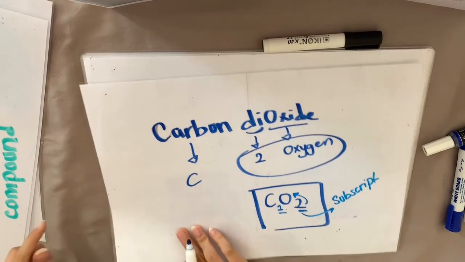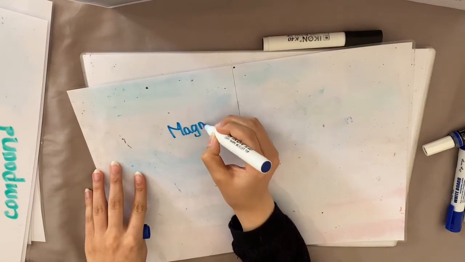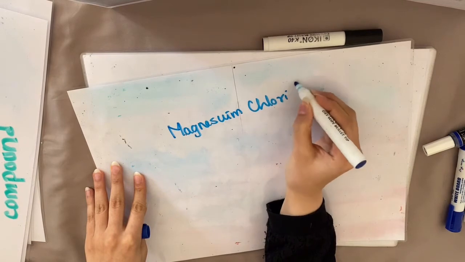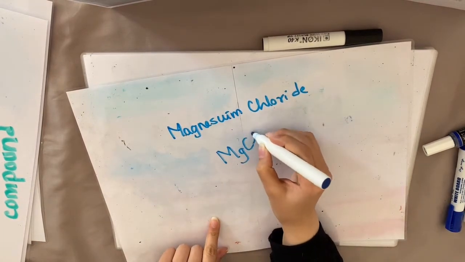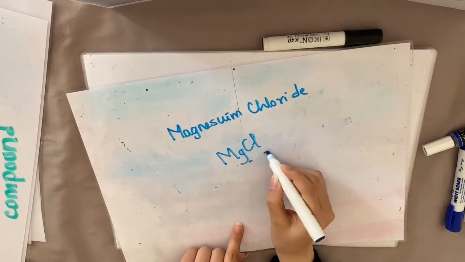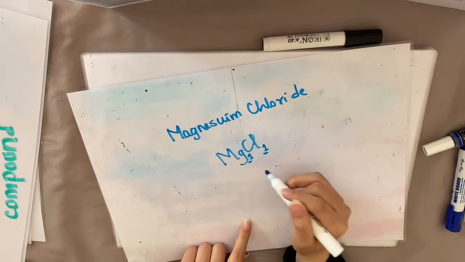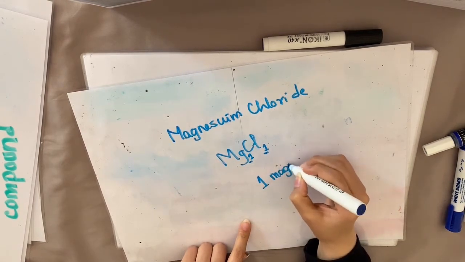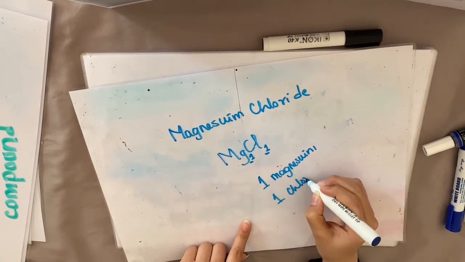For example, magnesium chloride, or let's say MgCl. No subscripts, so they're both invisible ones. So we have one magnesium and one chloride.